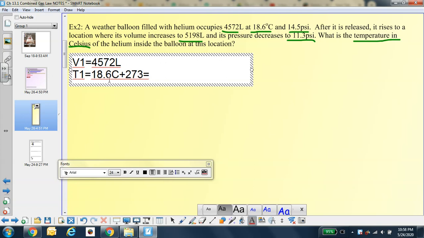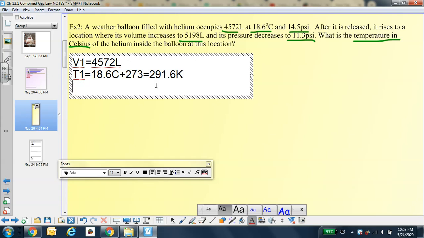Even if you try to solve this in Celsius and you don't convert it to Kelvin, you're going to wind up with the wrong answer in the end if you don't do this. Okay, so we get 291.6 Kelvin. Pressure 1 is 14.5 psi.